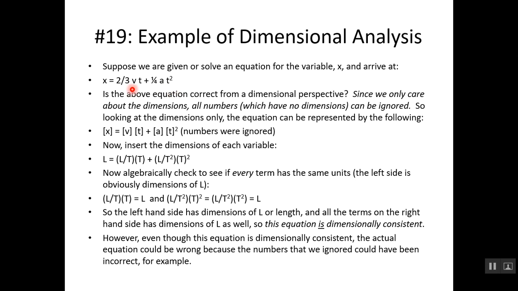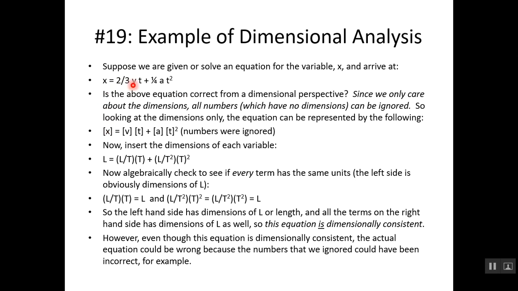So when you check the dimensions, it's kind of like proportions in the sense that whatever number is there, we don't care about the numbers. So the 2/3 we don't care about. The 1/4 we don't care about. Any numbers you can just disregard. All we're doing is checking the dimensions of the variables. So what does it mean to check the dimensions of the variables? It means we see what the dimensions of x are.